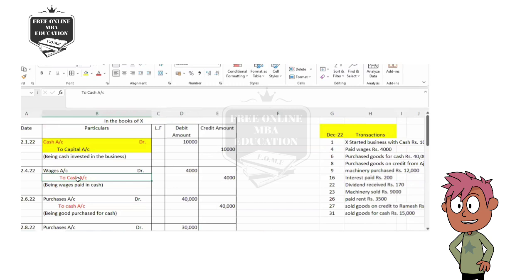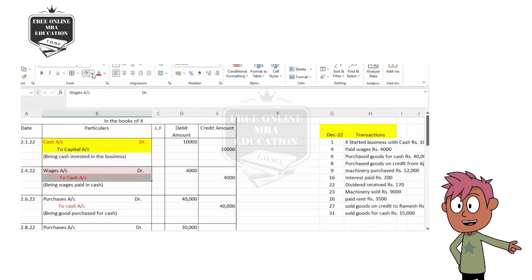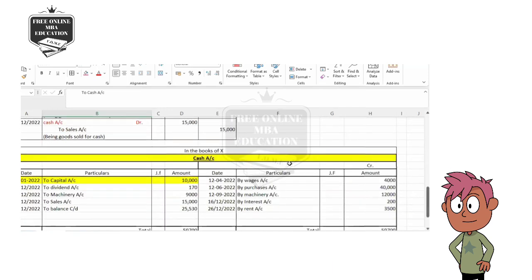So here cash goes out of the business. So wages to cash, this transaction I'm marking purposely with this color. This color is not visible. Yeah. So wages, that means on the credit side of cash, I have to mention wages account. So here is the wages at the credit side.